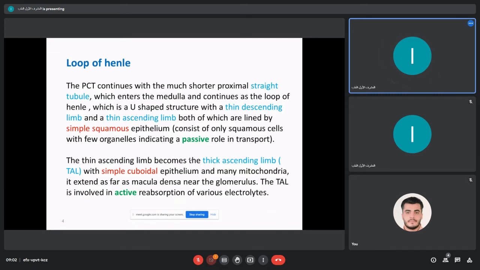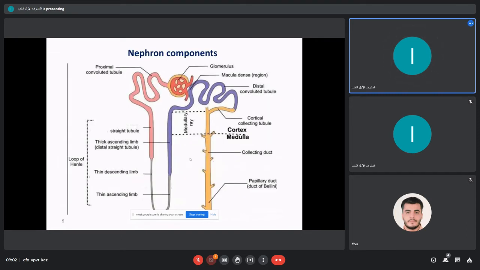Next part of the tubules is the loop of Henle. This is the loop of Henle, and it begins after the proximal convoluted tubule. It has a thick straight part, runs here and then enters the medulla, continuing as the loop of Henle, which is U-shaped, containing a thin descending and a thin ascending limb.